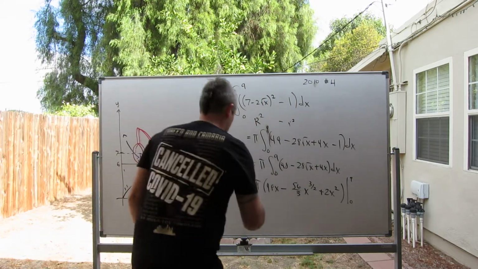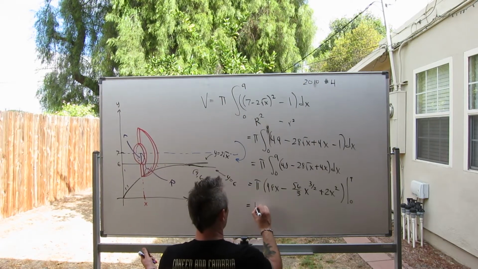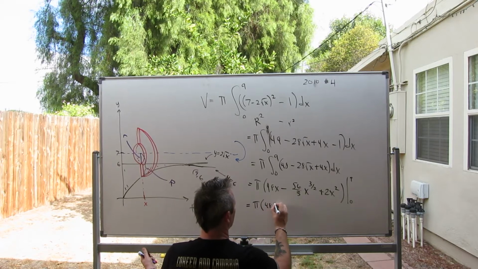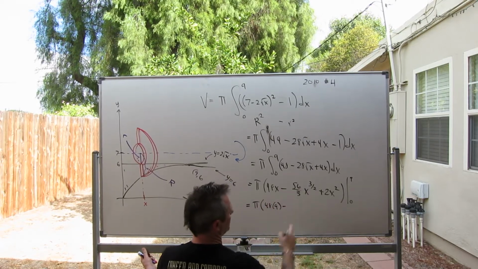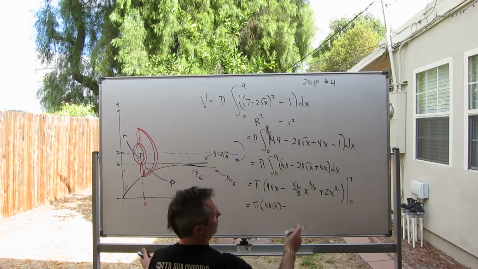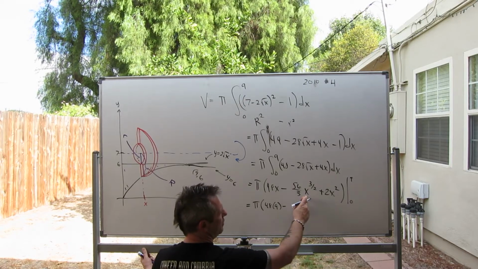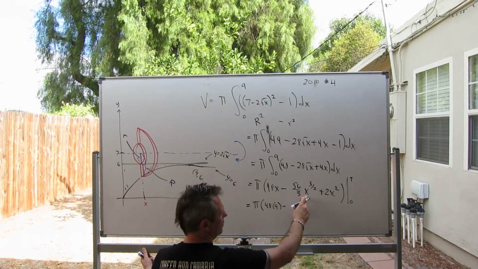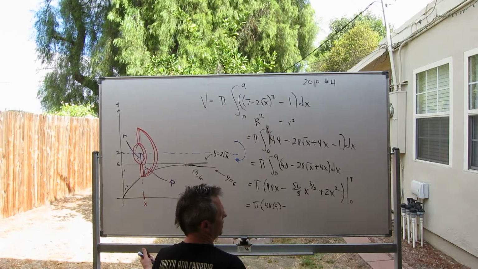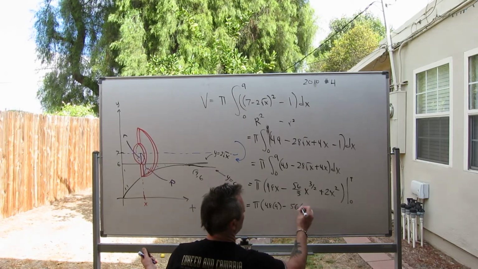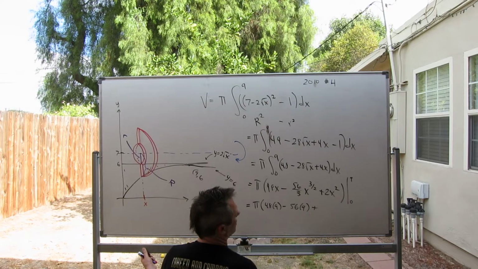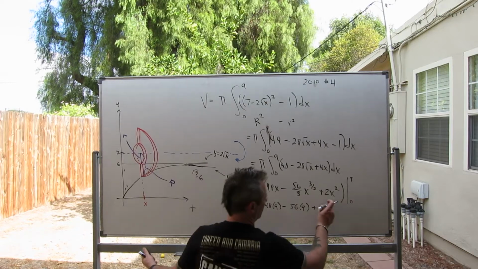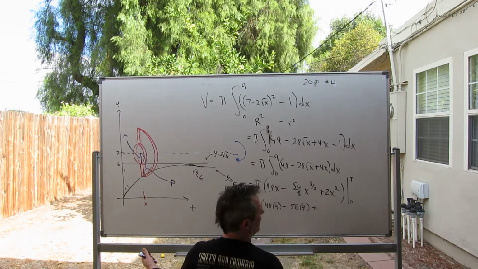So now I plug in 9 and we get pi times 48 times 9 minus, I'm going to do the same thing we did last time. I plug in 9 to the 3/2 here. This really becomes 27, but there's a 3 in the bottom, so that's actually 9. So it's 56 times 9 plus 2 times 81.